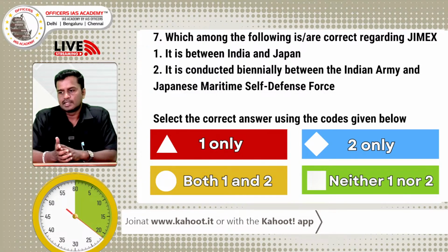Question number 7. Which among the following is or correct regarding JIMEX? This question is from international relations. Statement number 1, it is between India and Japan. Statement number 2, It is conducted biennially between the Indian Army and Japanese Maritime Self-Defense Forces.